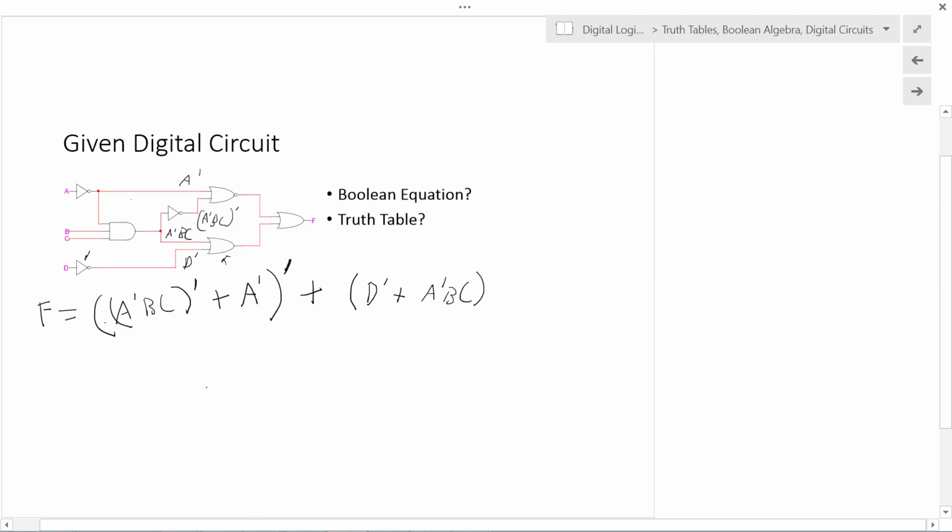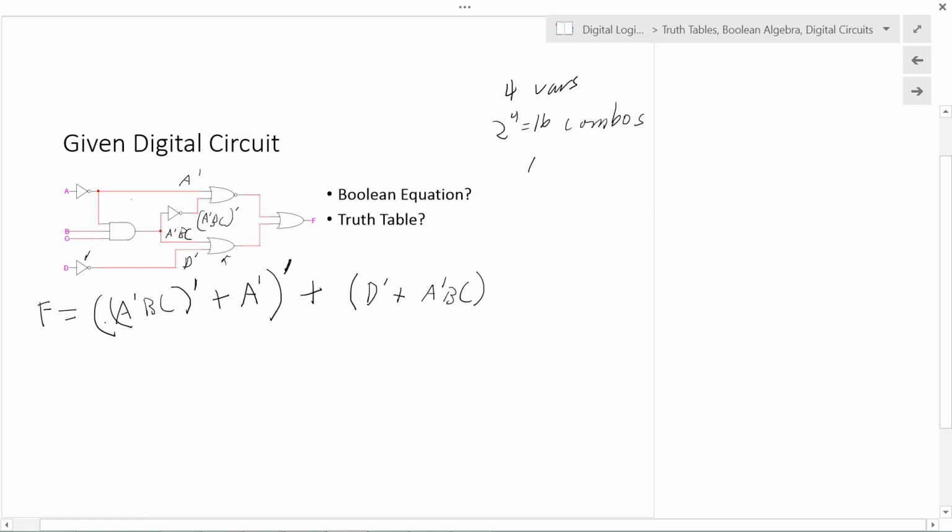So we have 4 variables here. So with 4 variables, we have 2 to the power of 4 equals 16 combos, 16 input combinations.